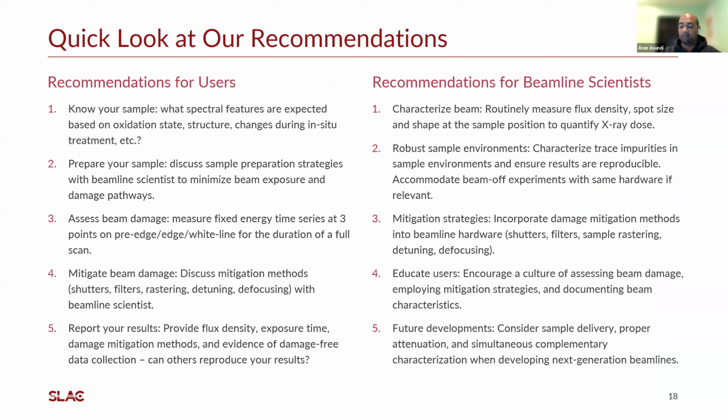Lowering temperature is a valid approach, and that will slow the rate of the diffusion of the radicals. I think I don't have it here, but I have it somewhere in one of the previous slides. But yes, I think that's absolutely a valid mitigation strategy that should be incorporated if possible. Okay, thank you.